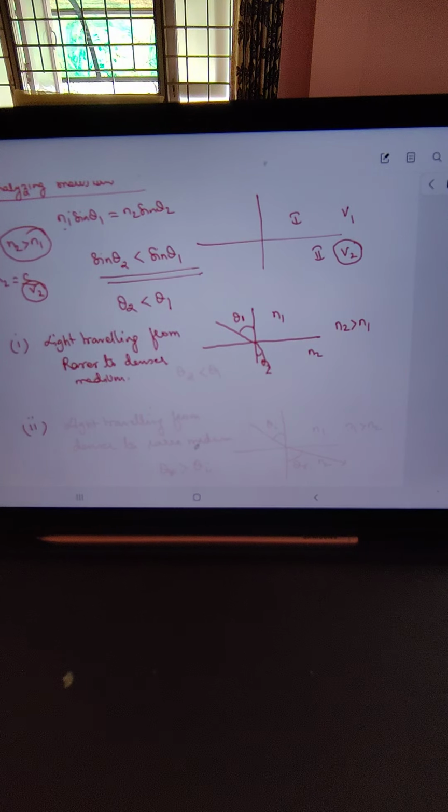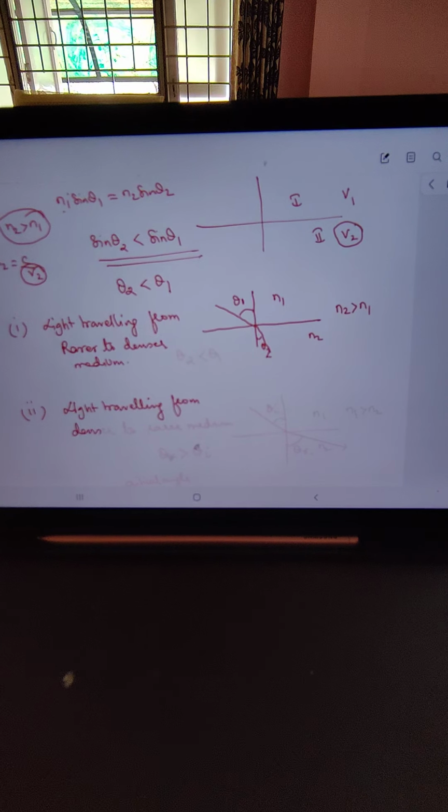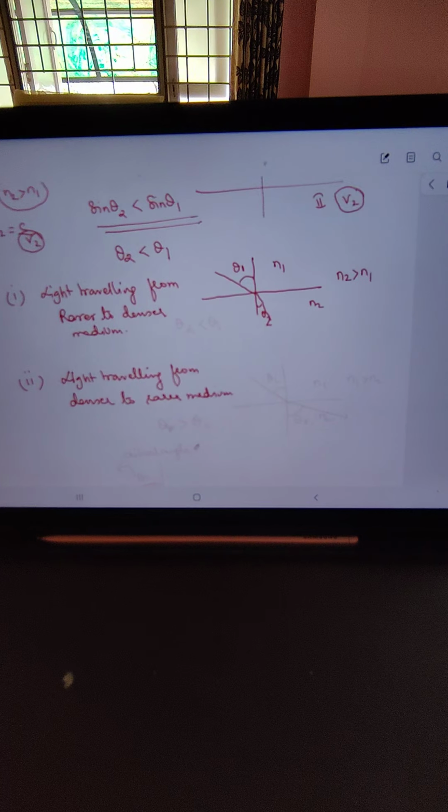Another case would be light traveling from denser to rarer medium. Now let us say this is n1, n2, and now n1 is greater than n2.